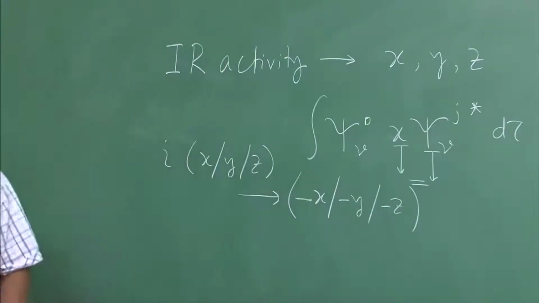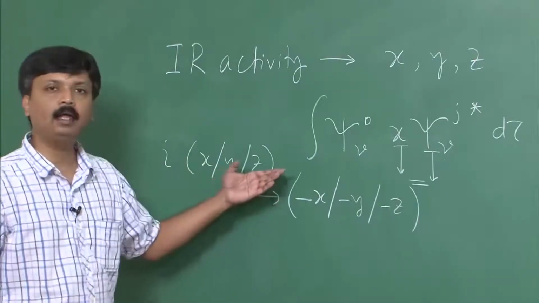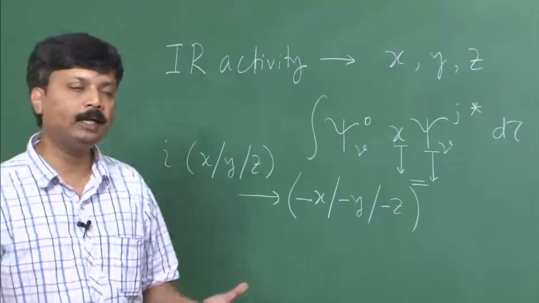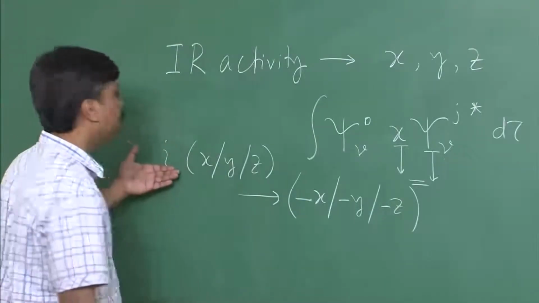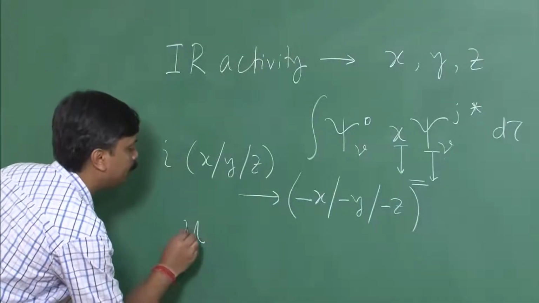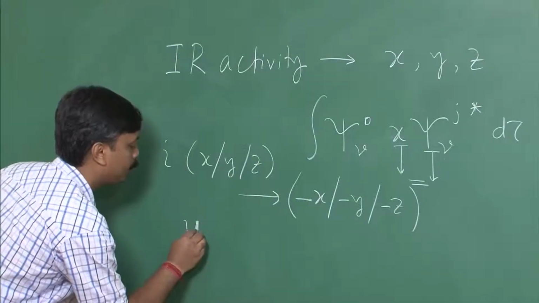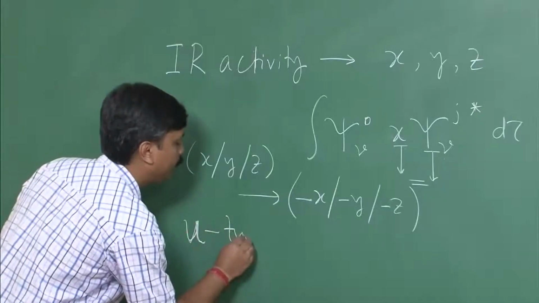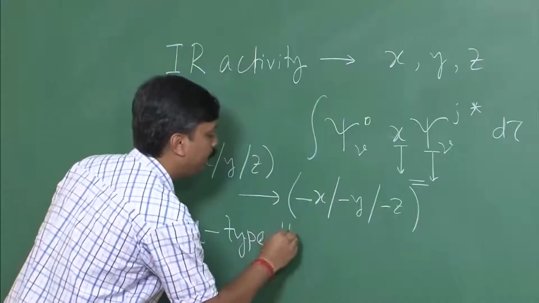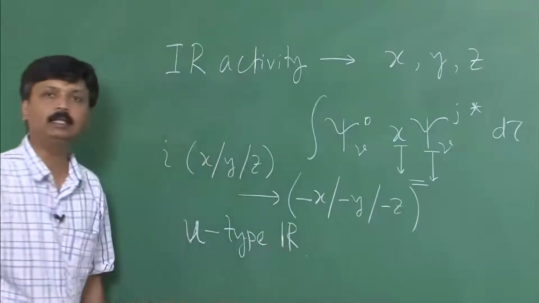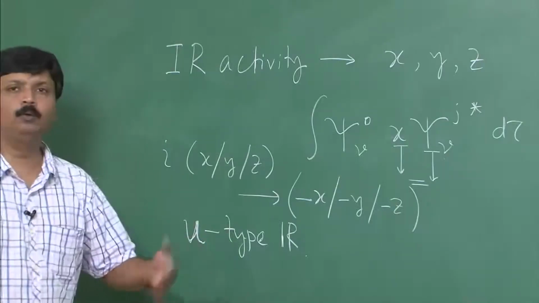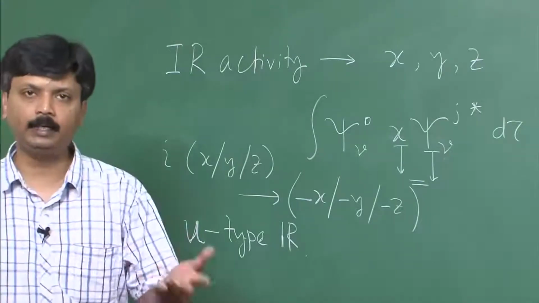So that means this x, y, z, they are antisymmetric with respect to inversion. So when I say antisymmetric with inversion, that means these must have a u type of symmetry, correct? So u type irreducible representation, I can say. So it will belong to something like Au or Bu or Eu, that kind of symmetry.